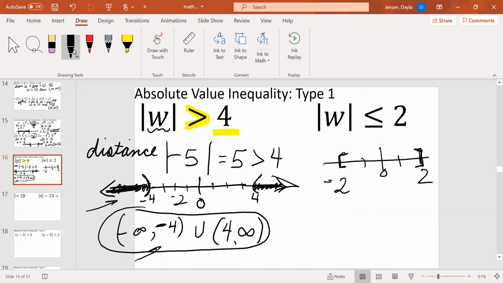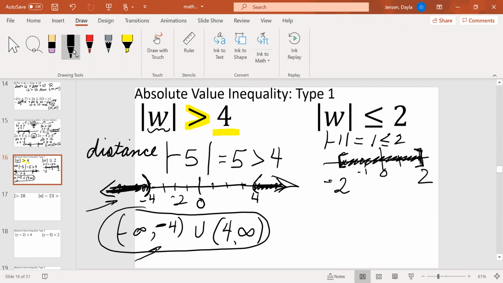So anything between -2 and +2, if I put it back into that inequality, is going to be less than or equal to 2. So let's pick -1. The absolute value of -1 is 1, and that is less than or equal to 2.